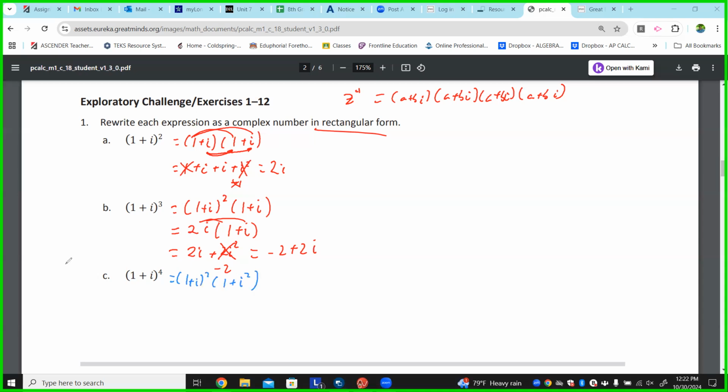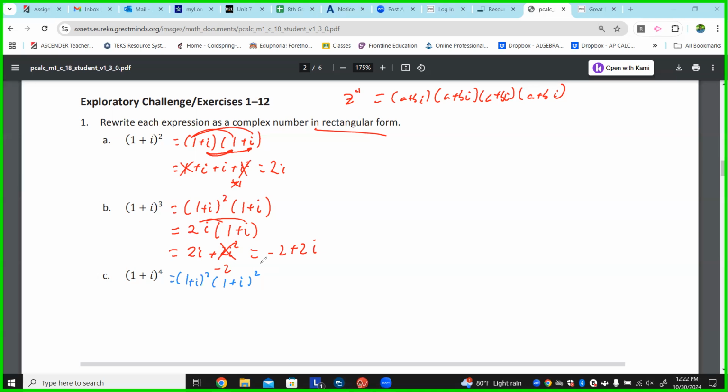Now the reason I went this direction rather than 1 plus i times 1 plus i cubed is because if I do that, it'll be this times 1 plus i, so then I'll have to do a whole bunch of foiling, and you'll get the same conclusion. But notice 1 plus i squared, what did I get as a result? 2i.